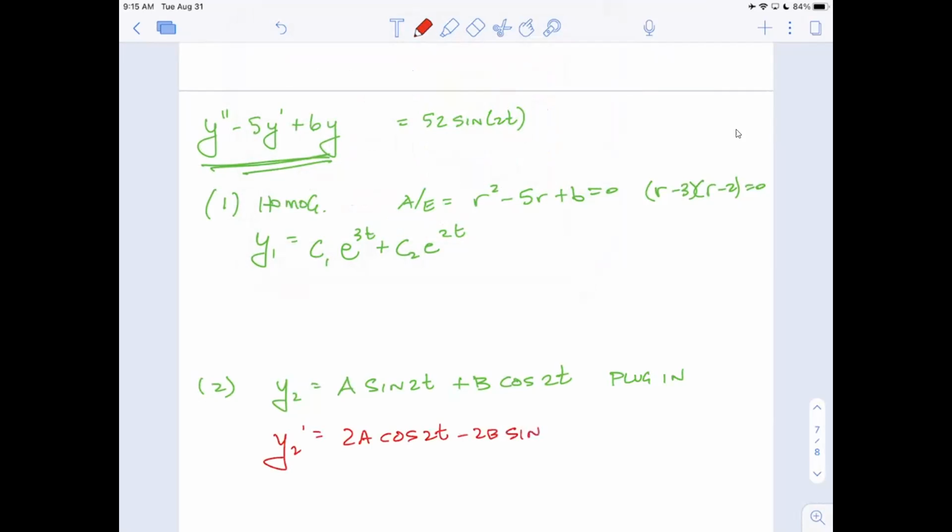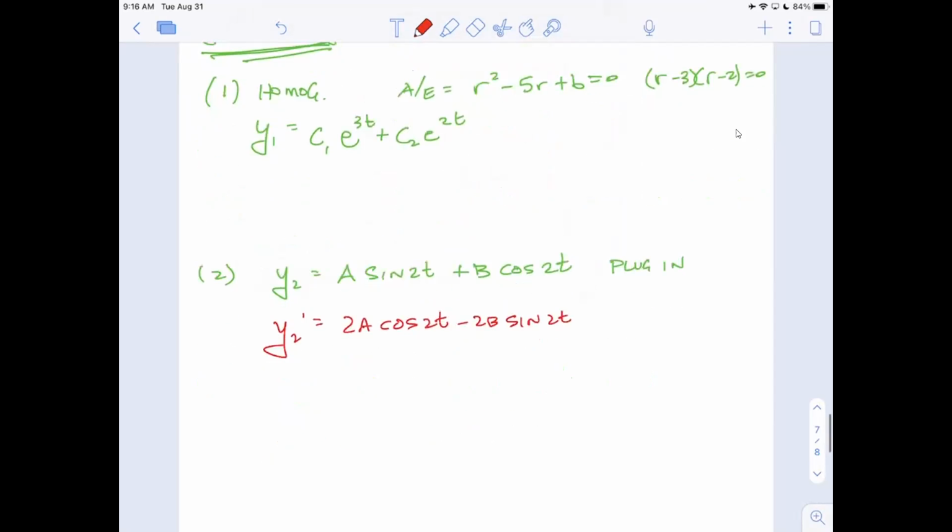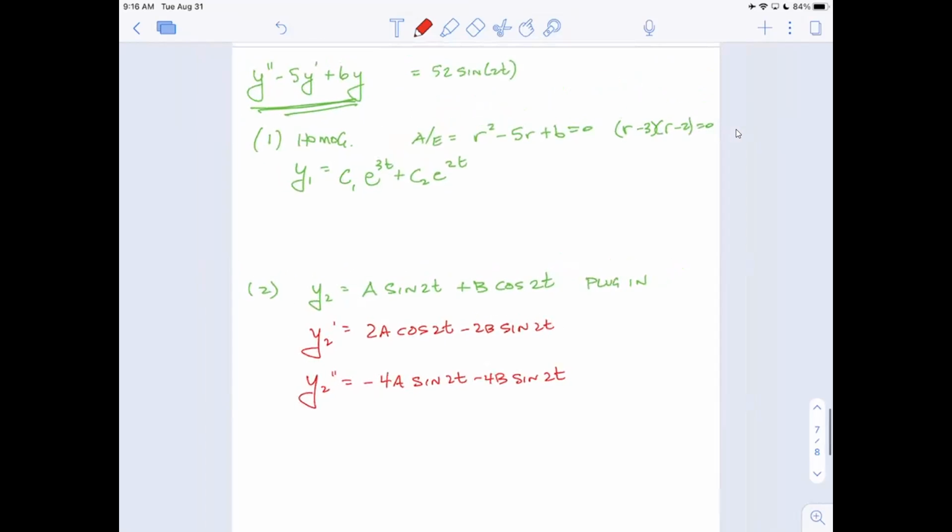Similarly with this one, the derivative of cosine of junk is negative sine of junk times the derivative of junk. Now I need a second derivative. The derivative of cosine of junk is negative sine of junk times the derivative of 2, which makes it a 4. And similarly for this one. So there, now I have all my ingredients to plug back in, multiplying by 5s and 6s, and I'm going to see if I can force it to be 52 sine of 2t, and there's not even a cosine in it.